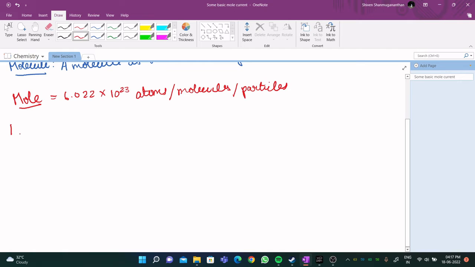So 1 mole of, let's say, X is equal to 6.022 into 10 to the power 23 X. I'll write Avogadro's number here as well.